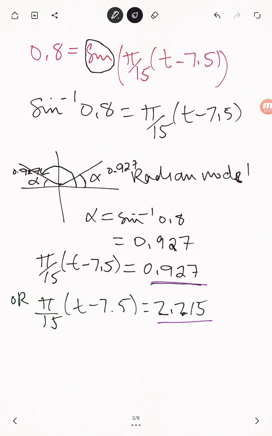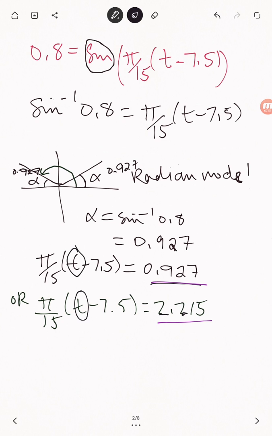All right, so now we need to isolate t in each of these equations, and then we will have our 2 answers that tell us when the rider is 20 meters above the ground.